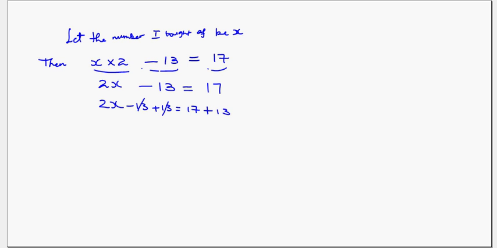These two cancel out, so I get 2x is equal to 30. And if 2x is equal to 30, x is equal to 30 over 2, because I have to divide this side by 2, which means x is equal to 15. So you may have been able to get that by simply trying numbers, but this is the method that you go about doing it. Are there any questions with that method?